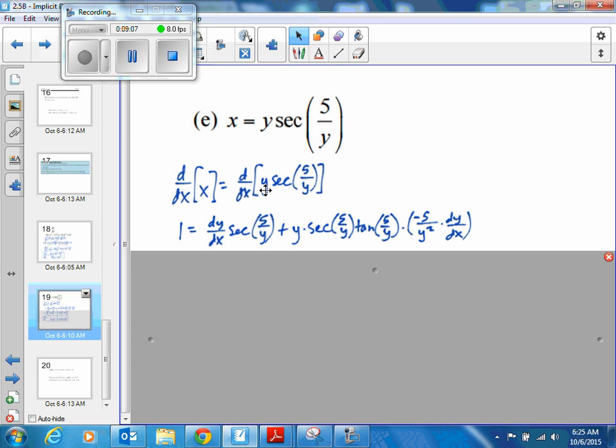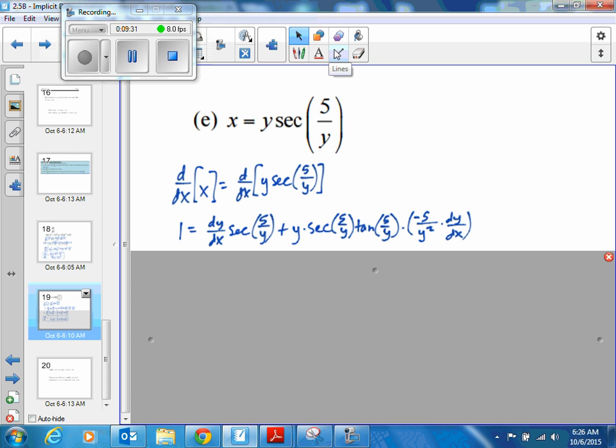So derivative of the first, derivative of y with respect to x, dy/dx. Derivative of the first right there times the original second, secant of 5 over y, plus, that's in our product rule, the first, which is just y, then times the derivative of the second. So I need to take the derivative of secant of 5 over y.